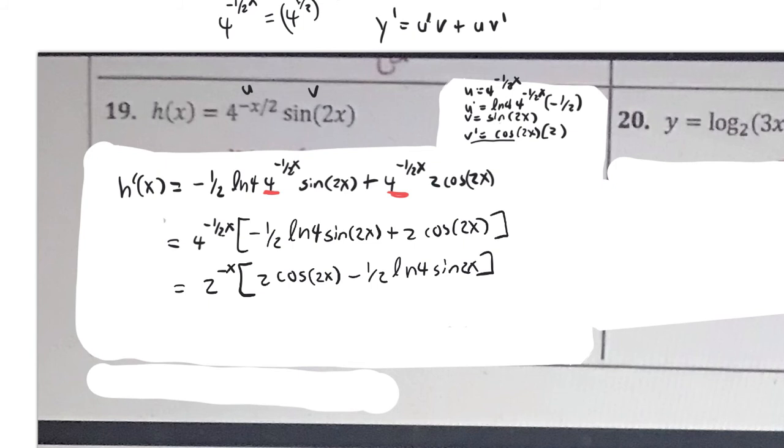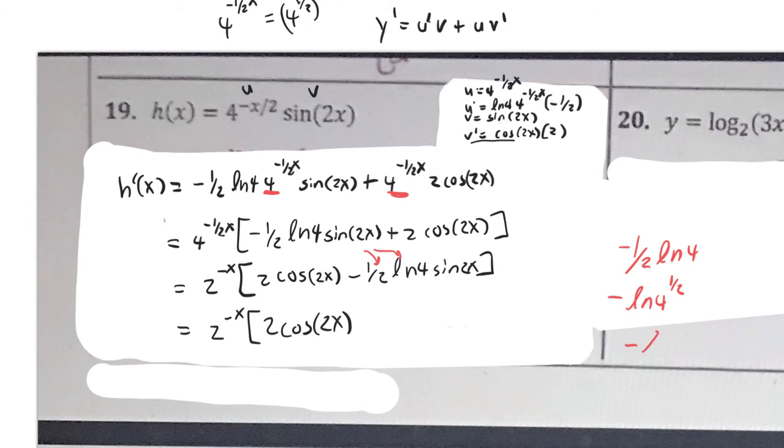Although when I check the teacher's answers, she's doing something interesting where it does seem like whenever we have a coefficient in front of a logarithm, we could analyze that off to the side. So that's going to be negative 1/2 ln of 4. Now that could be minus ln of 4 raised to the 1/2 due to properties of logarithms. And that would be minus ln of 2 because 4 to the 1/2 power is really the square root of 4.